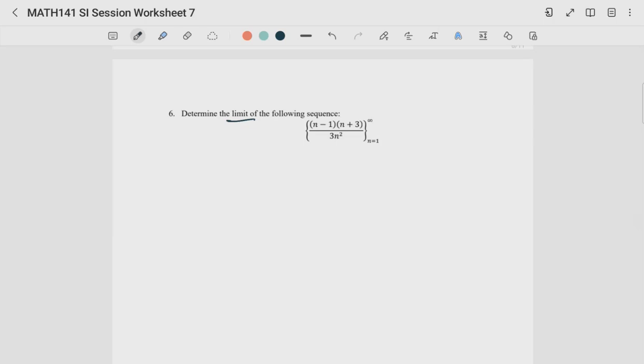Right? So we are asked to find the limit of the sequence.